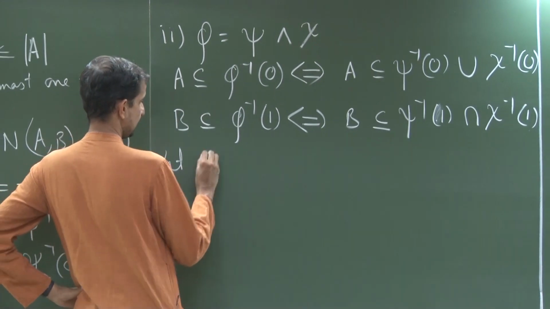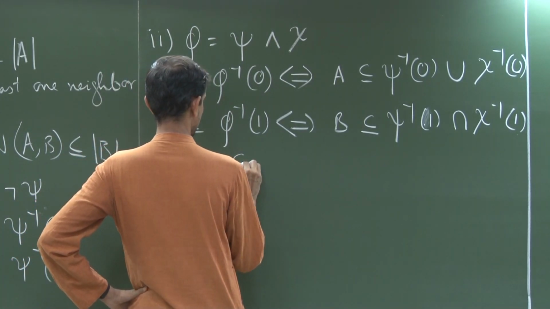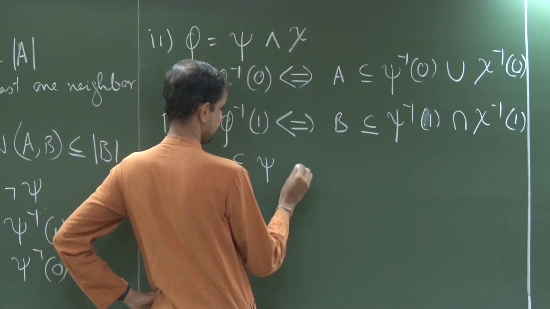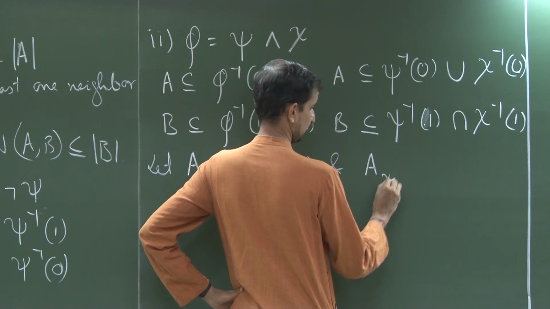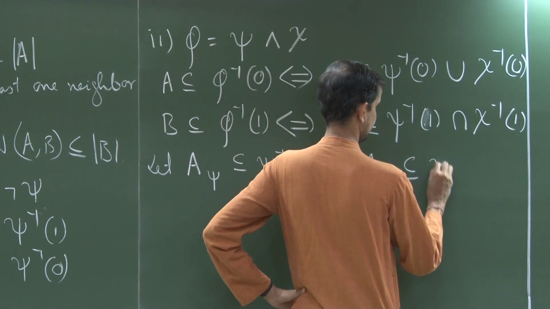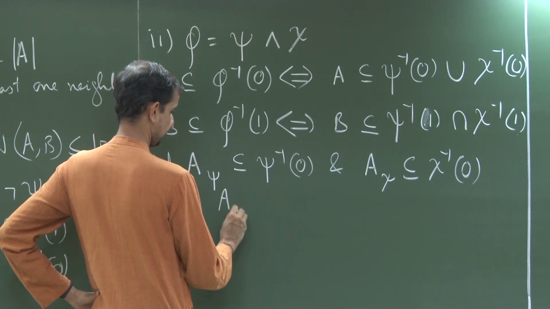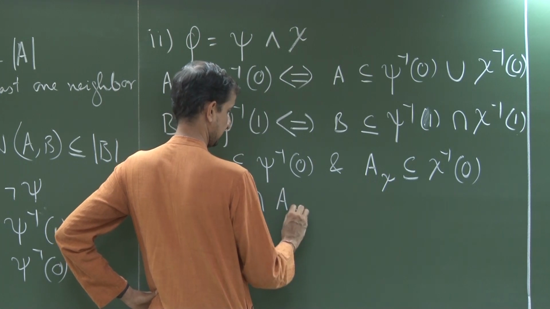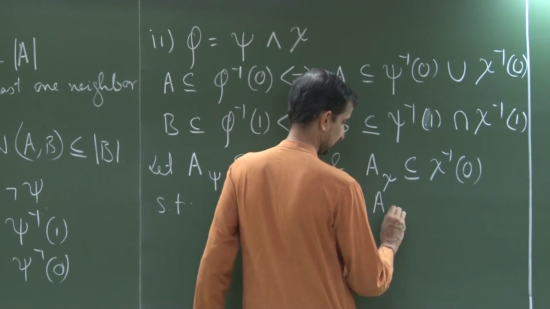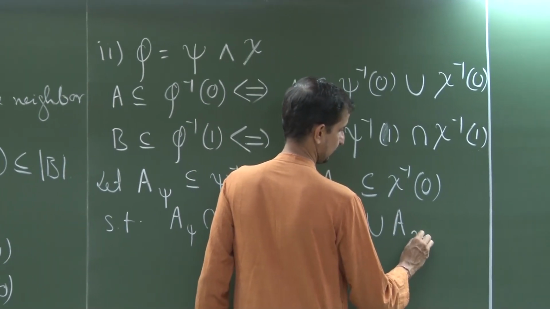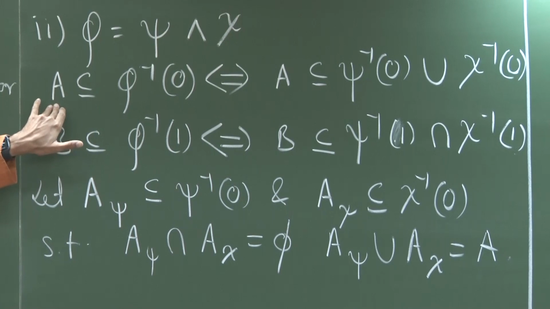Let A of psi be a subset of psi inverse 0 and A of chi be a subset of chi inverse 0 such that A psi intersection with A chi is disjoint, okay, they do not have any common element, and A psi union with A chi is my set A.